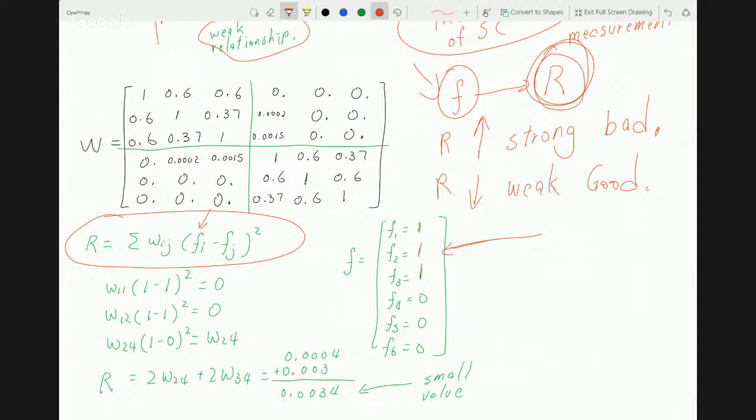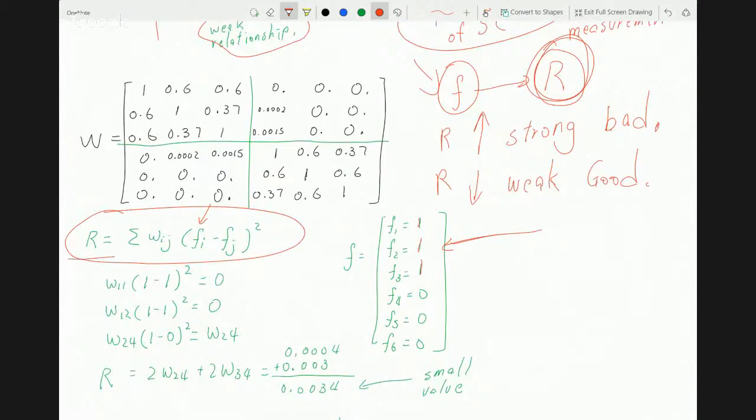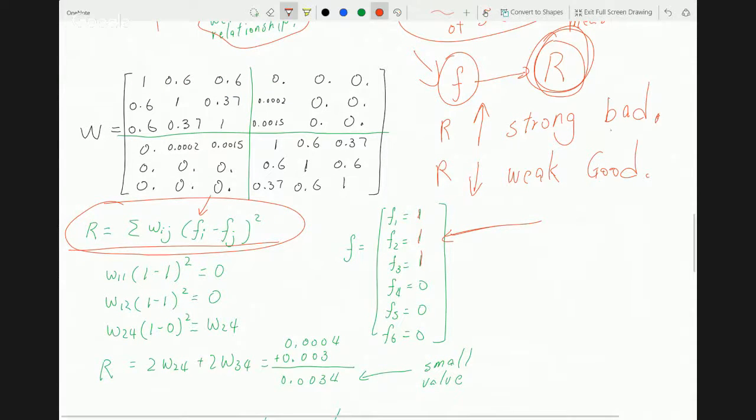We are doing it completely randomly, and somehow we pick the right one. How will we go about calculating this relationship? Well, we have to go through every single element to calculate this. So let's start with W11, which is this one here.